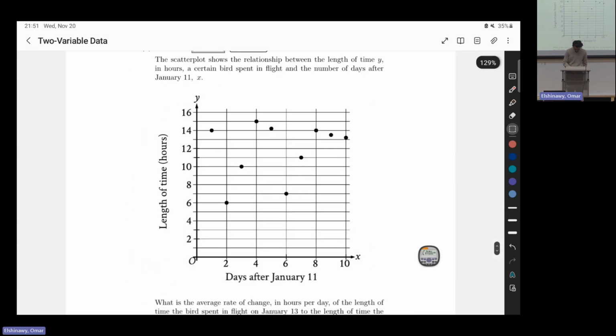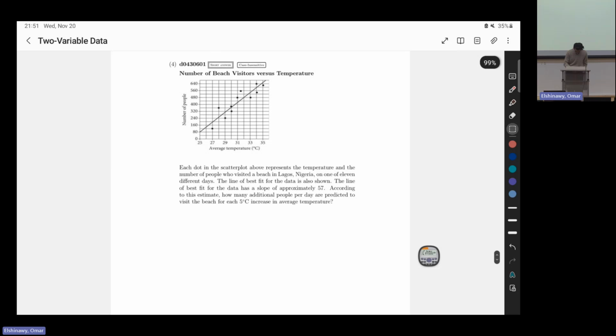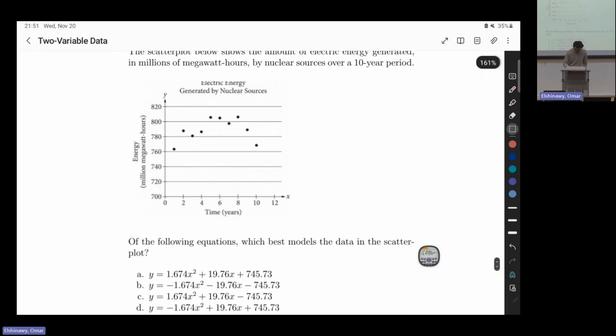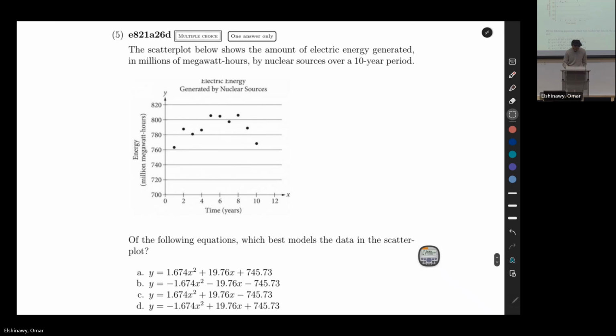Okay, that's good. And there's also another problem that I really liked and I wanted to do, which is this one. Hopefully I don't get this one incorrectly this time. I'll make sure to not do that.